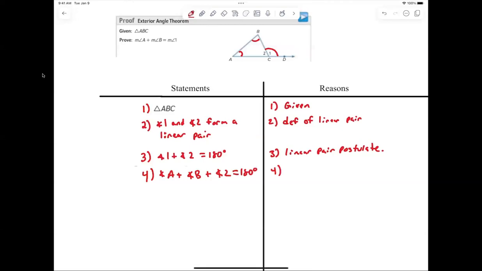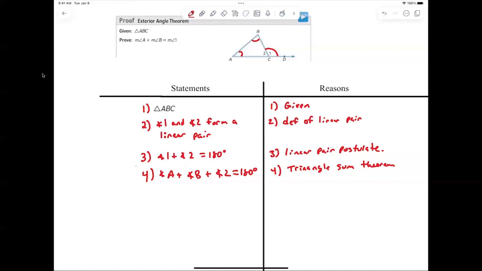And that's the triangle sum theorem. If you want to put the angles of a triangle add up to 180 degrees, I'm totally fine with that. All right, we proved that.